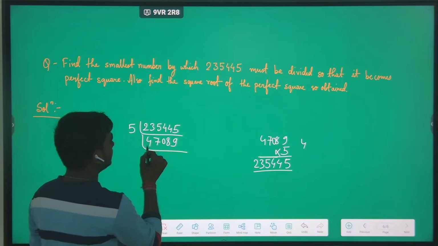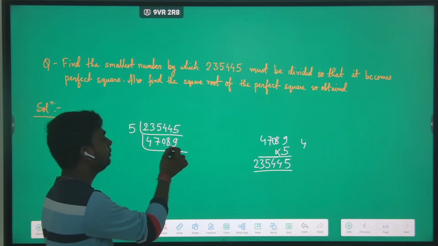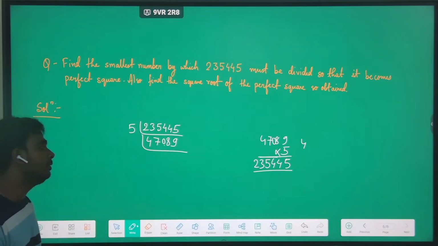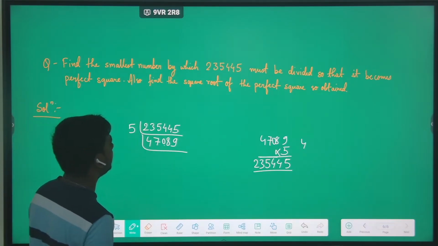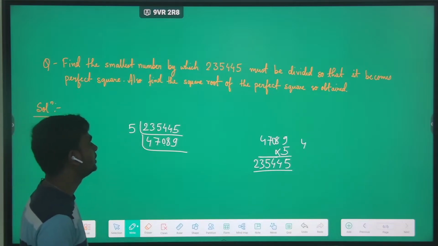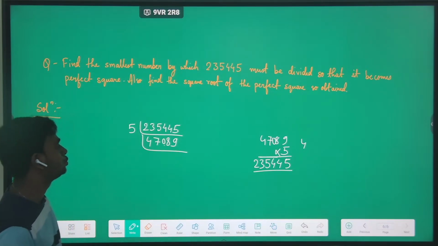Now for this number, 7 plus 4 is 11, 11 plus 0 is 11, 11 plus 8 is 19, 19 plus 9 is 28. So it will not be divisible by 3.